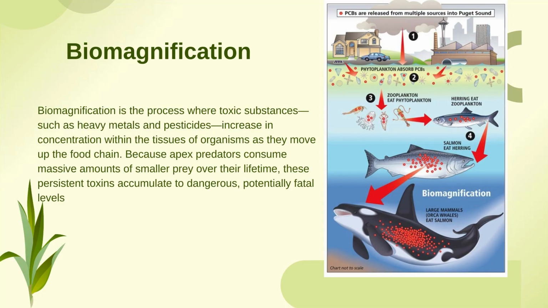The small fishes consume the pesticides or heavy metals, that will be eaten by some larger fishes, and those will be eaten by even larger fishes, and again those large fishes will be eaten by whales or sharks. So the apex predators consume a massive amount of smaller prey over their lifetime. These persistent toxins accumulate to dangerous, potentially fatal levels.